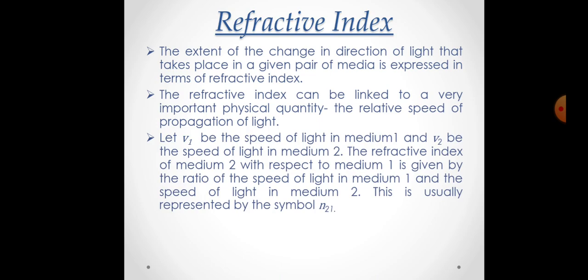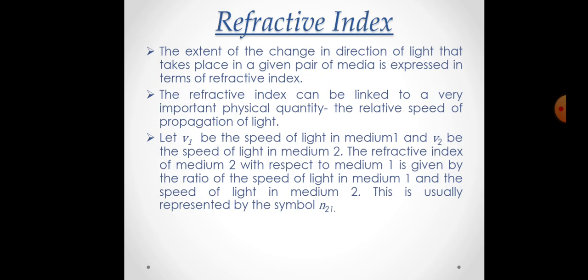If v1 is the speed of light in medium 1 and v2 is the speed of light in medium 2, then the refractive index of medium 2 with respect to medium 1 is given by the ratio of speed of light in medium 1 and the speed of light in medium 2.